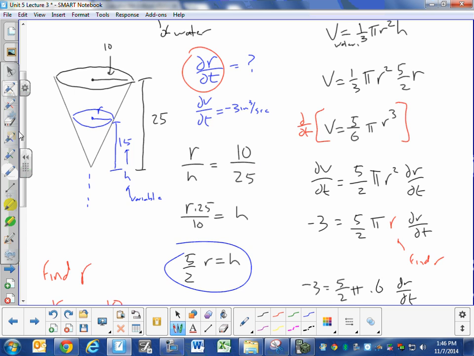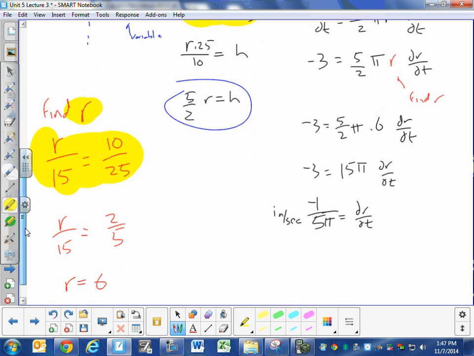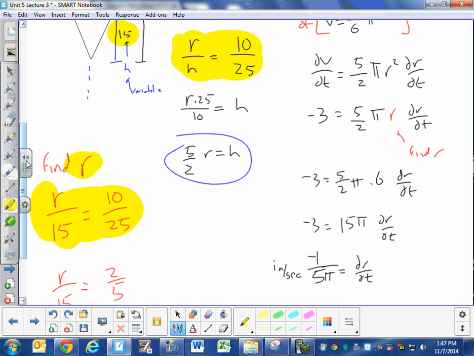Once I do that, I notice that I have to go back and find r at the specific moment when my height is 15. So to do that, I use my proportion that I established again to find that r at that specific moment. Using that proportion, I figure out that r has to be 6. Once I do that, I can plug it back in here, simplify, and solve. And that's related rates. Hoorah.